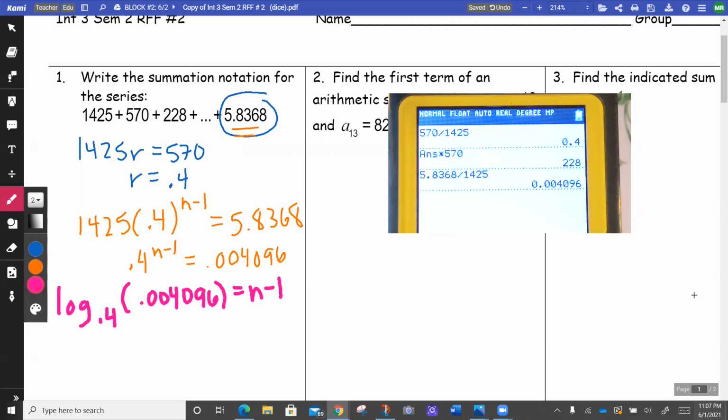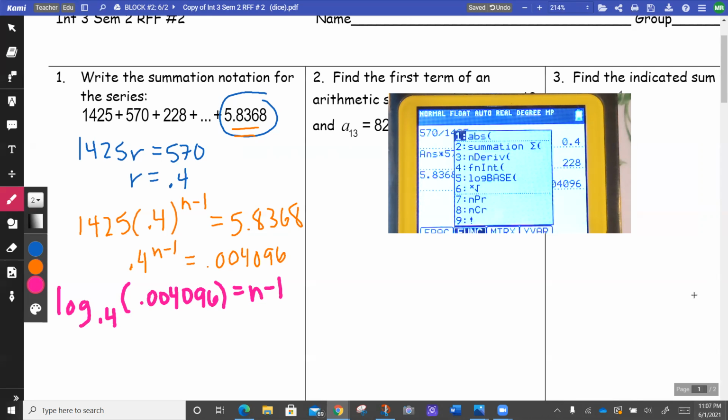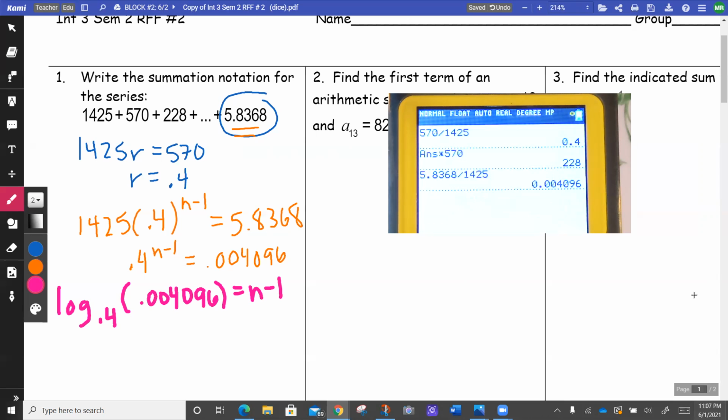So to do that, I'm going to go alpha window, and number 5 gives me a log. I'm going to put in 0.4, 0.004096. And I get 6.